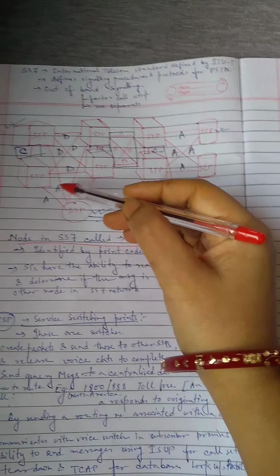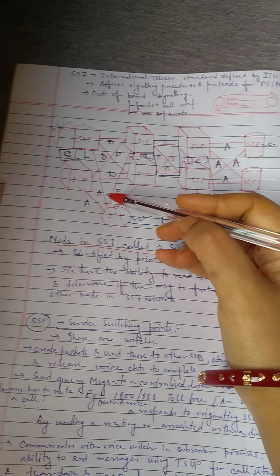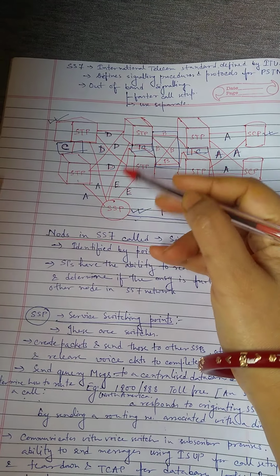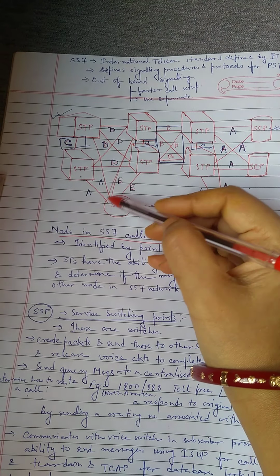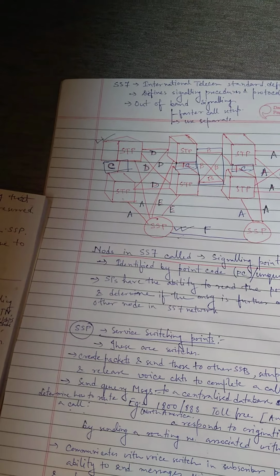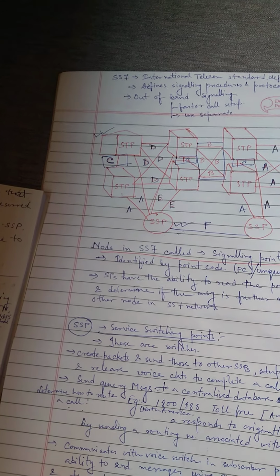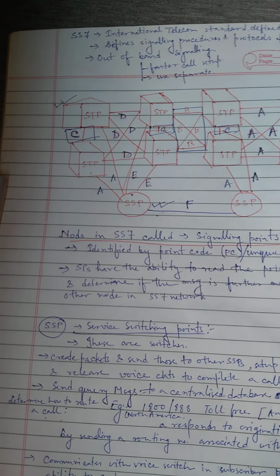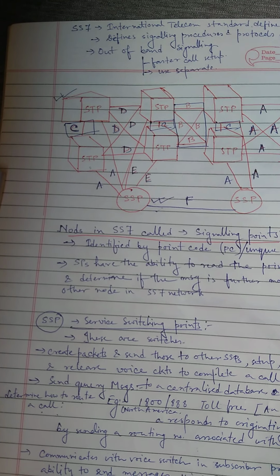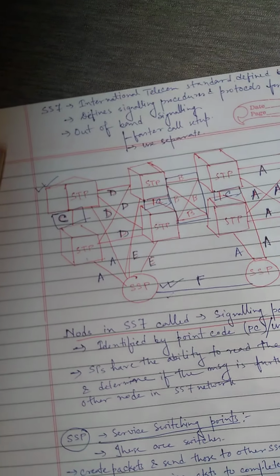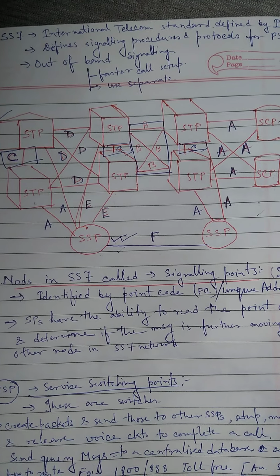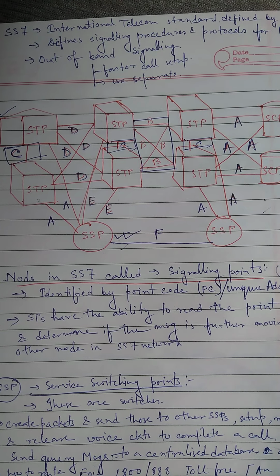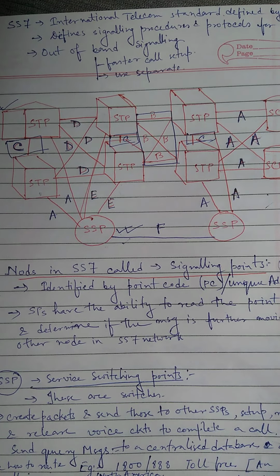E link or the extended link is drawn between the SSP and STP. When the A link is not enough for reliability, then the E link is used, with some extra cost also.